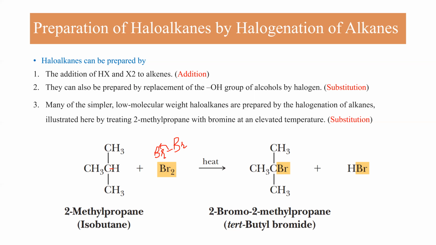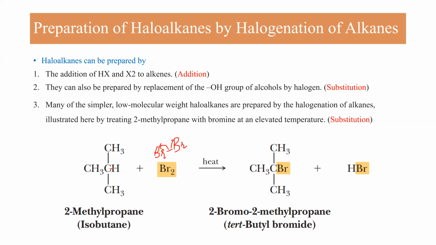Because these Br atoms have the same electronegativity, that will cleave homolytically. So the Br radical and the Br radical, and we will draw the fish hook arrow, right? So then that will combine with this one.